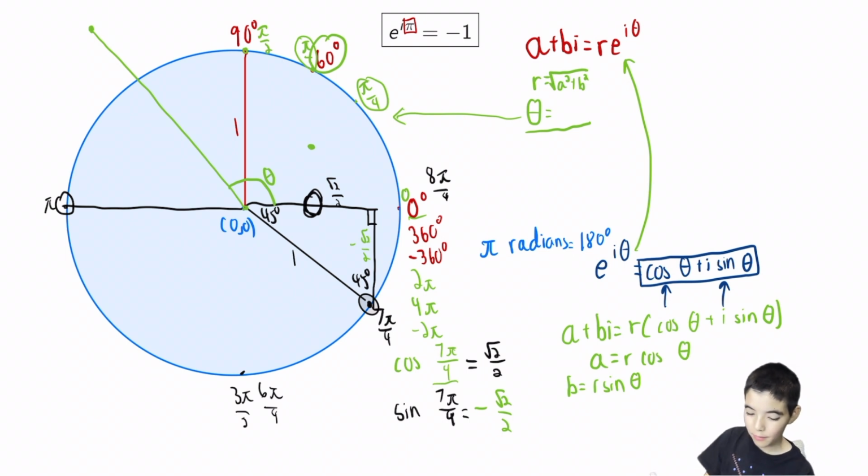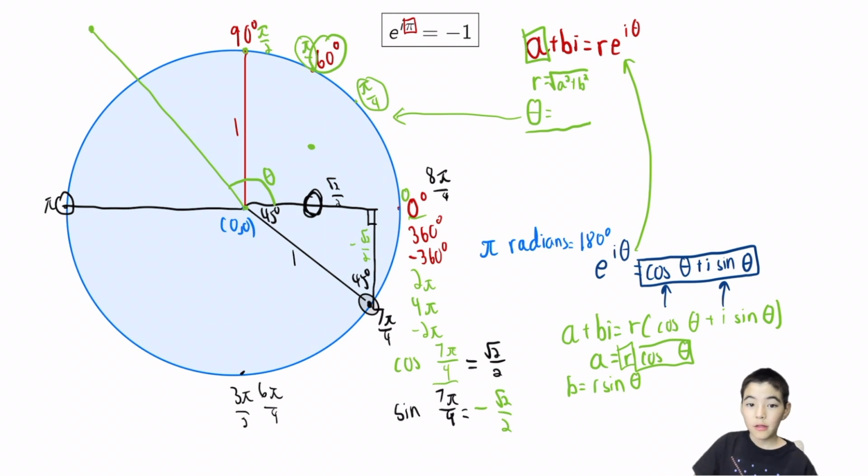If you look, this actually makes a lot of sense because, for example, a is going to be the x-coordinate and cosine theta is going to be the x-coordinate, and you're multiplying it by the dilation factor. So this actually makes a lot of sense.